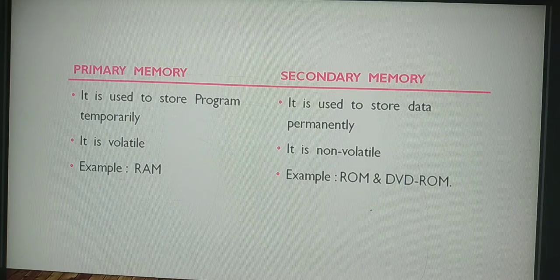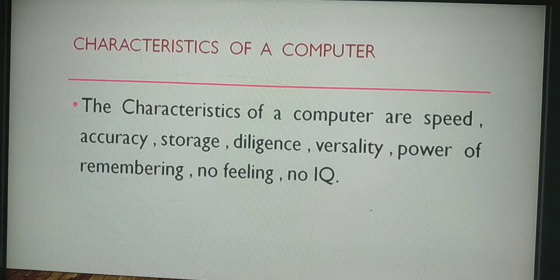Now we are going to have section C. Under that the first question is, what are the characteristics of a computer? So this also you have to write down. Find space near your question itself and do it neatly.